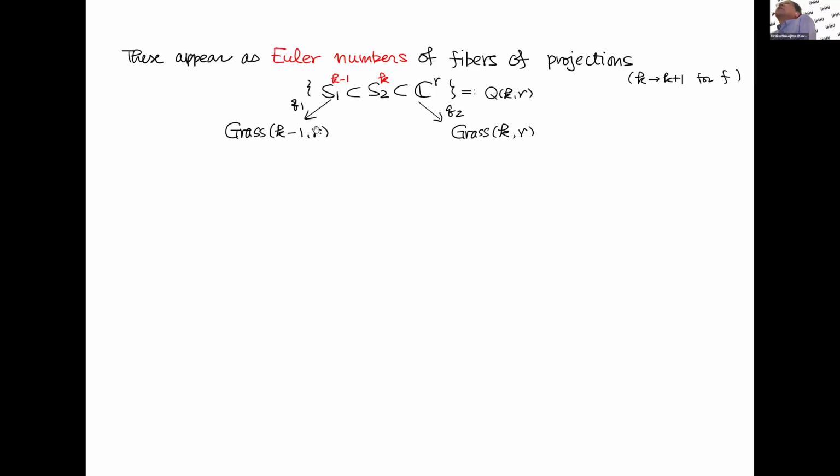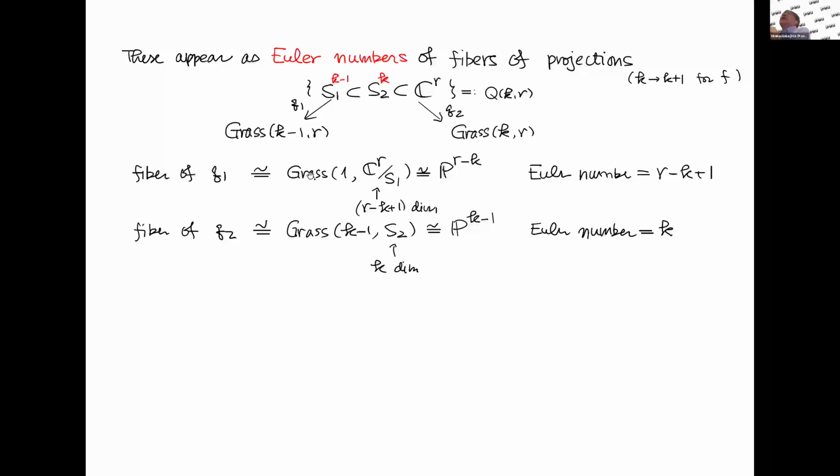So let me examine what the fibers of these morphisms Q1 and Q2 are. So what is the fiber of Q1? I fix the subspace S1 and I move all S2s. Then what are the possible choices of S2? S2 is a subspace in C^R, but I fix S1. In particular, I can replace S2 by the quotient of S2 divided by S1.